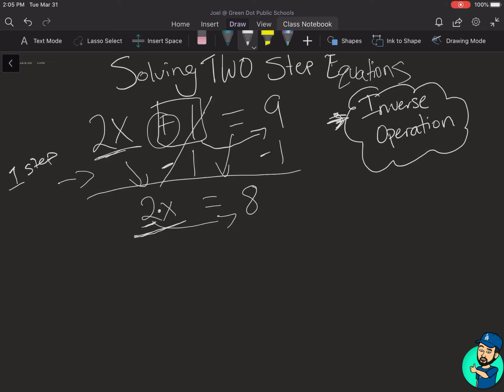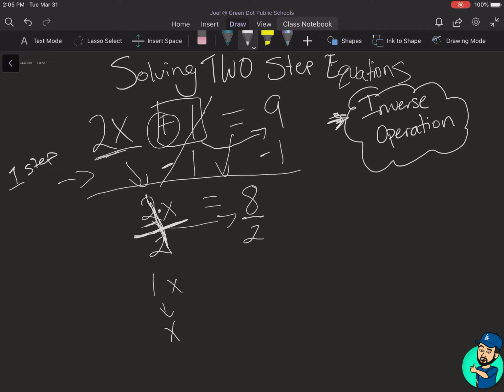And I always show it by putting a bar or a line underneath like a fraction. So you need to divide by 2 to both sides. This technically cancels out. It'll be 2 over 2 is 1. Right? It'll be 1. And 1x is just x. That's why I say just get rid of it. That way you don't get confused.